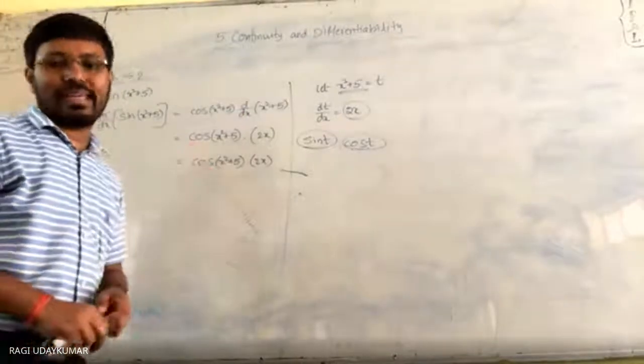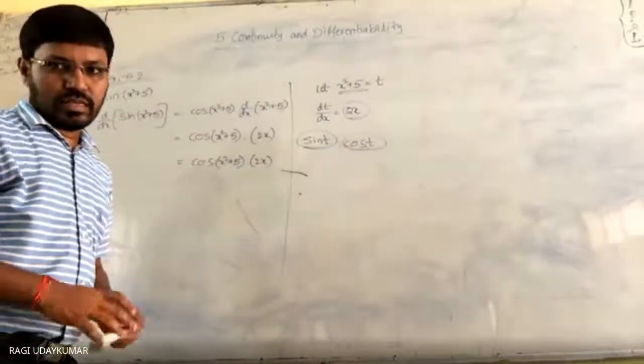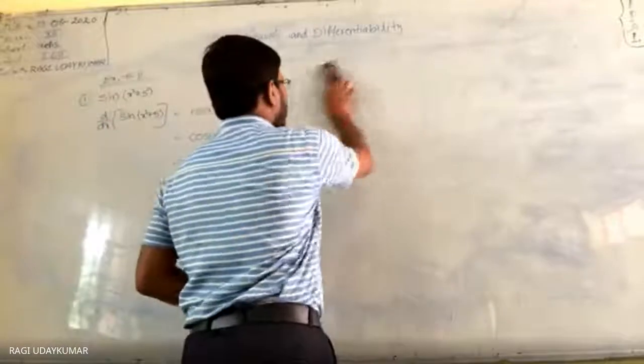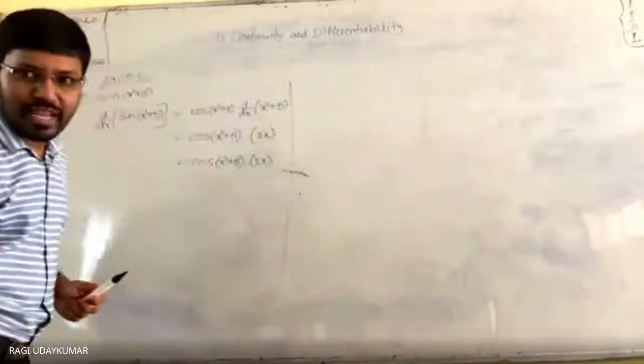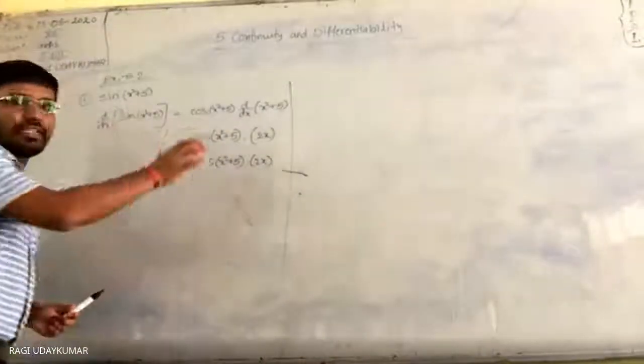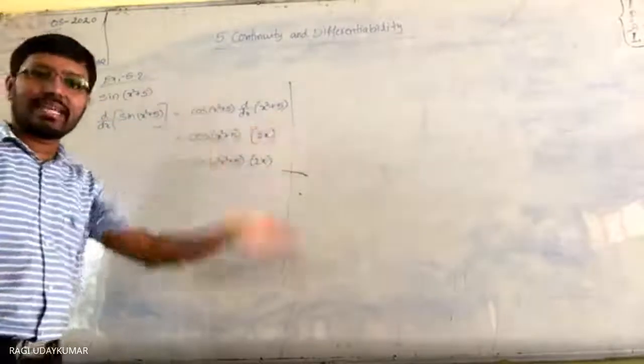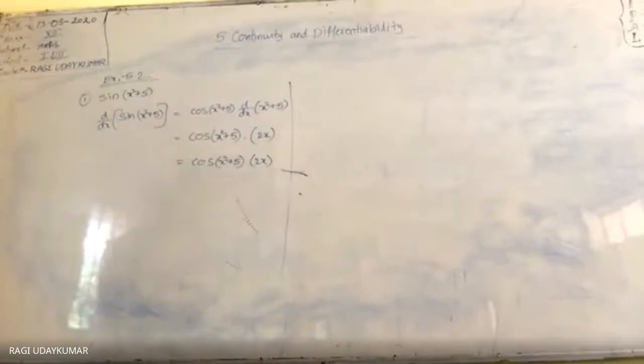The simple thing is that instead of doing it in that method, which is a little bit lengthy, you just differentiate this function with respect to x, and again differentiate that function with respect to x, until you get the solution.